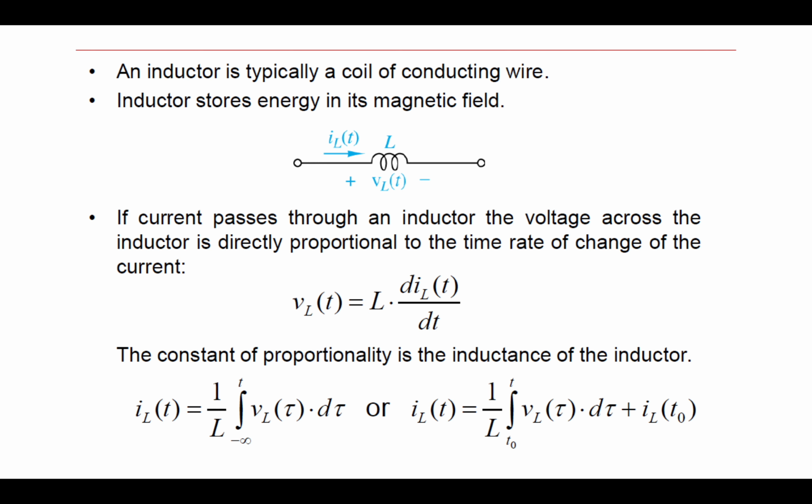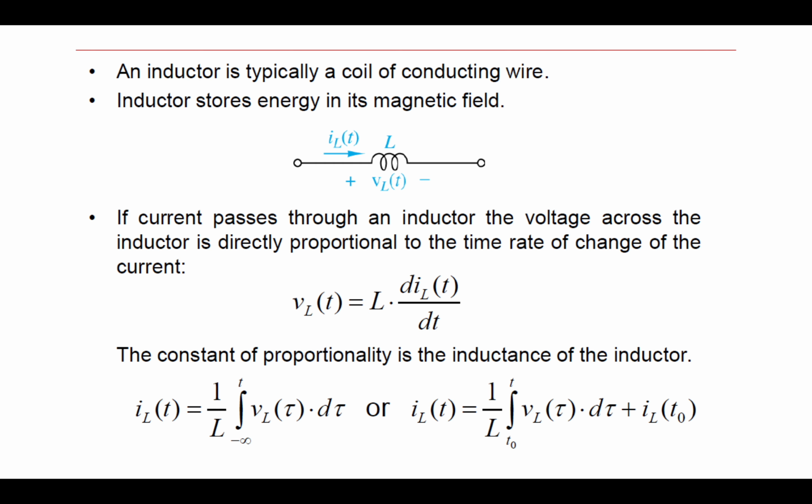for each element we discussed the relationship between voltage and current. For resistor, their relationship is Ohm's law, so that the voltage V equals I times R. For the capacitors, the current I equals the capacitance C times the derivative of voltage with respect to time.